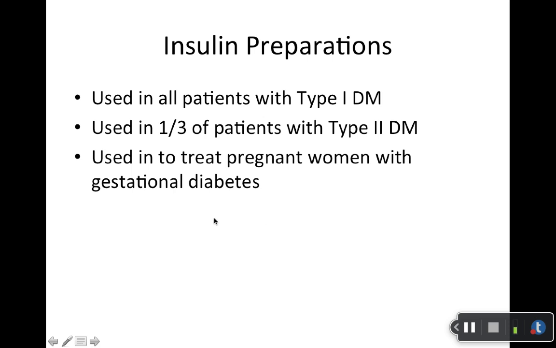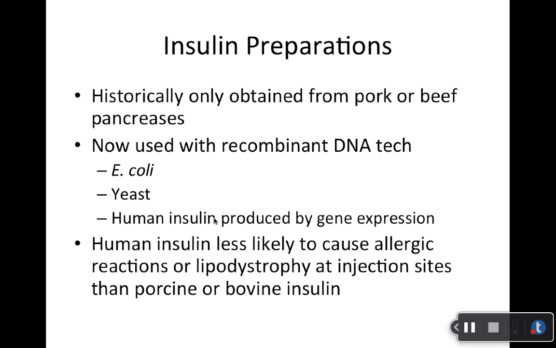And second, it can be used for pregnant women who have gestational diabetes. Historically, they were animal-based, with pork and beef pancreas products, but nowadays you don't have to worry about those anymore, because there were some allergies people had with that, or some cultural or religious reasons why they couldn't take those, depending on their background.